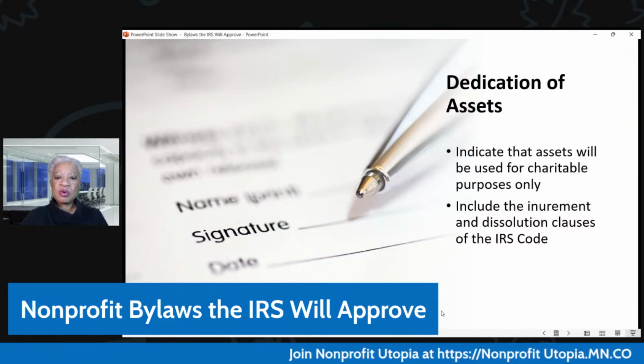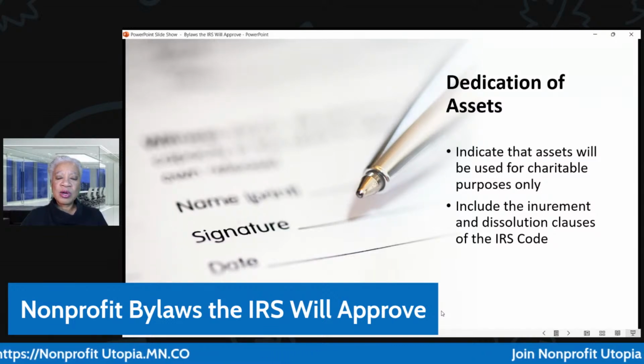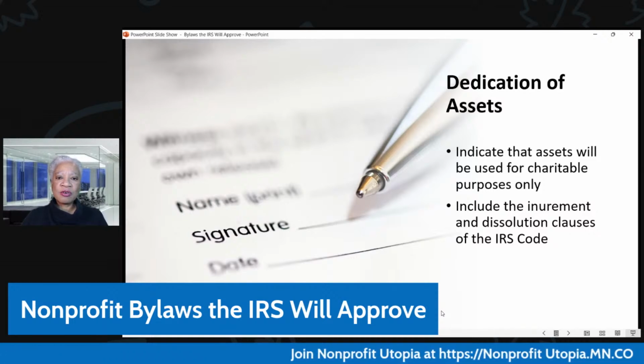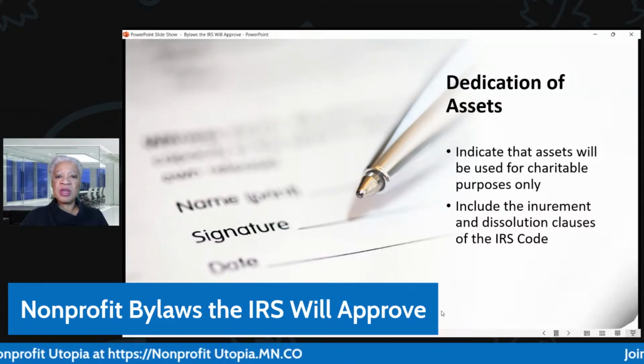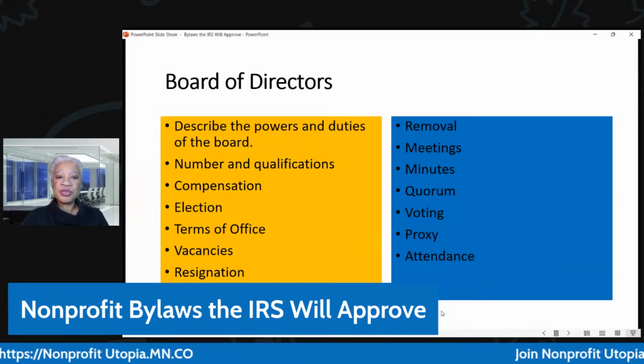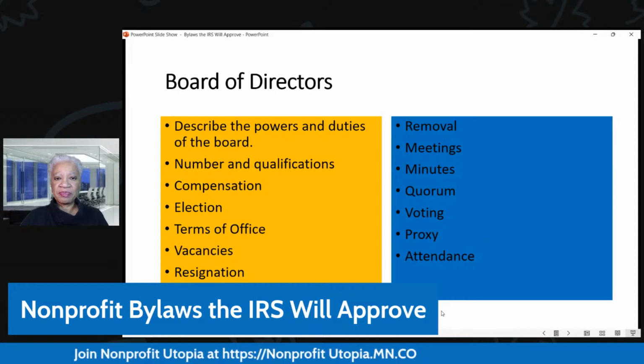And you also want to include the dissolution clause from the IRS code, which indicates that if for whatever reason your organization has to dissolve, how the assets are going to be dissolved. And they're going to be dissolved in such a way that they're beneficial to the community that you serve, as opposed to benefiting people who work there, benefiting the officers and directors.